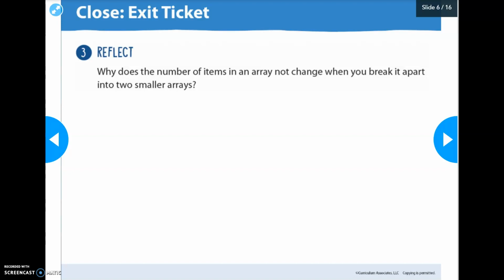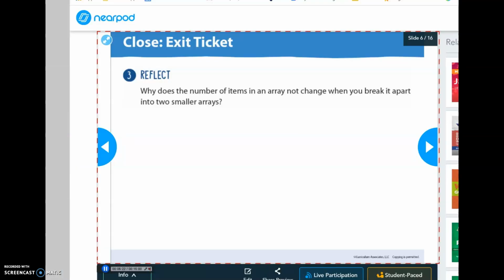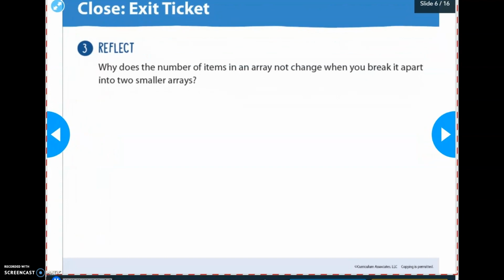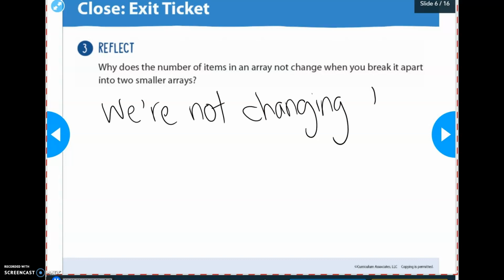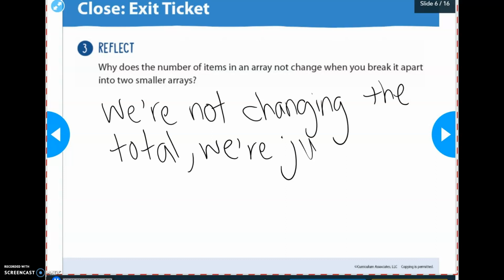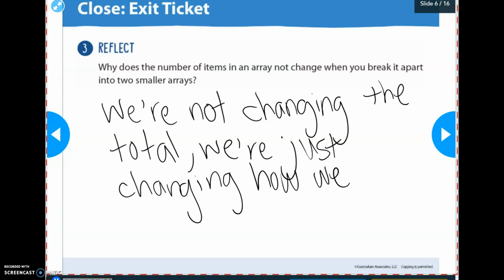So we're going to write on this one, we're not changing the total, we're just changing how we count them. Okay, go ahead and hit pause while you write that down.